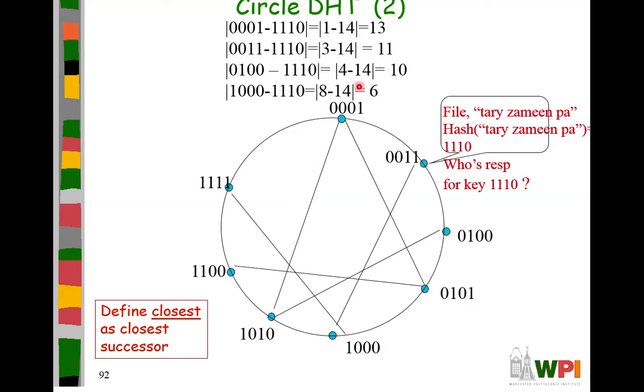So you can see that the lowest difference is 6, and this is this neighbor. So this peer will forward the file to this one because this one is closest.